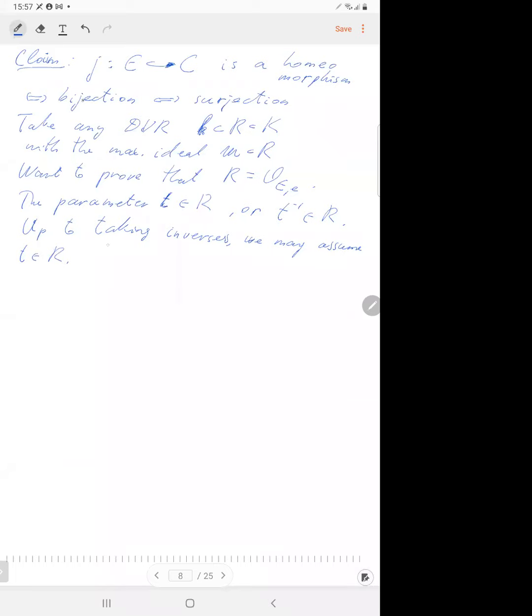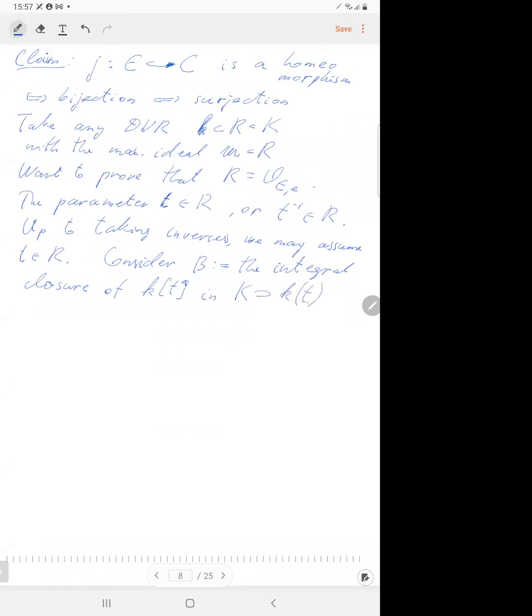Okay, and then consider the integral closure, say B, of the ring of regular functions, just polynomials, in our field extension.